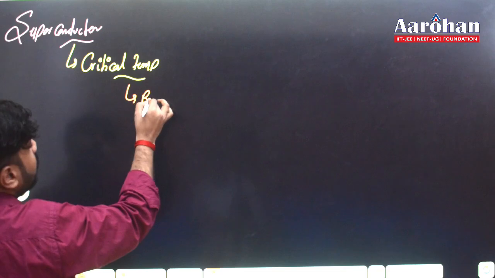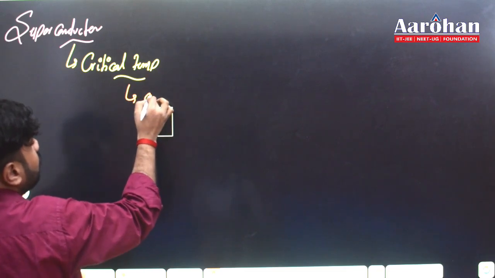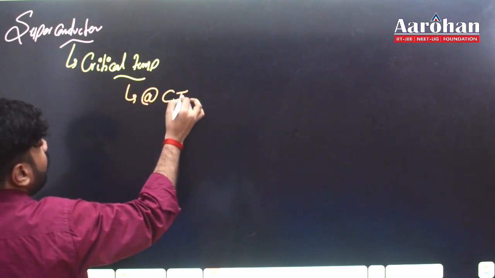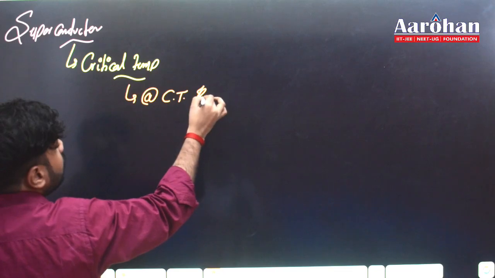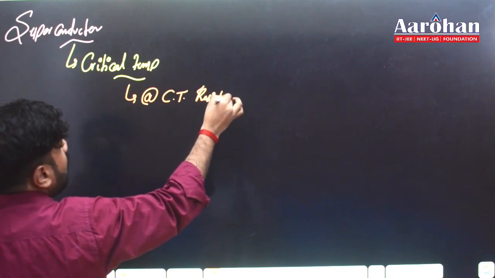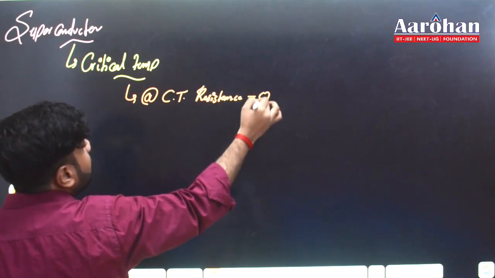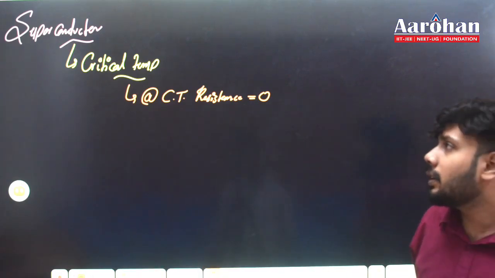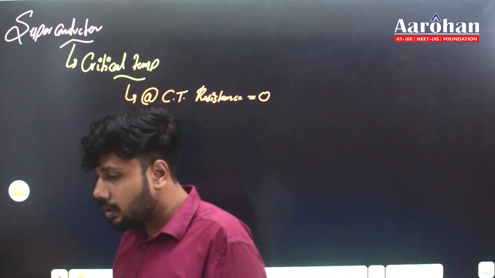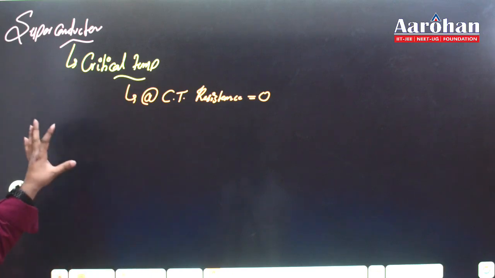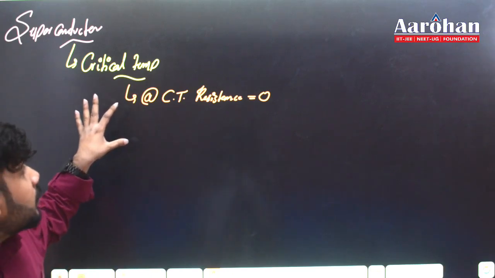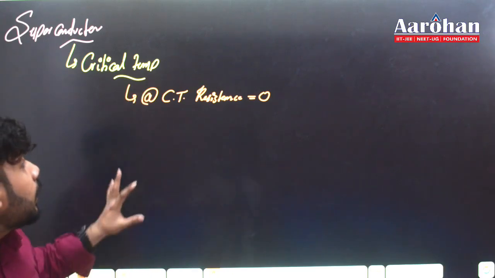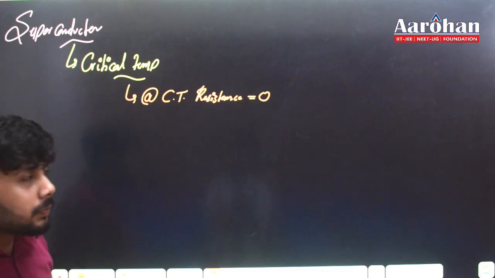Their resistance becomes zero. This is the definition of a superconductor. These are some type of conductor for which at the critical temperature, the resistance will become zero.